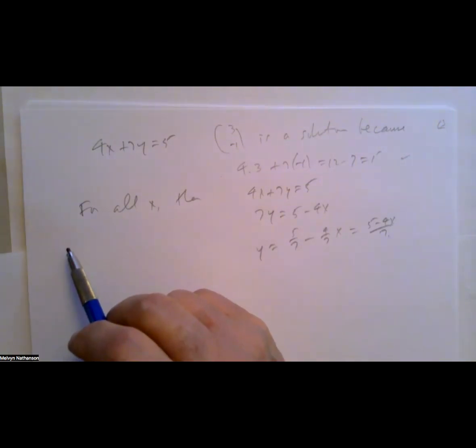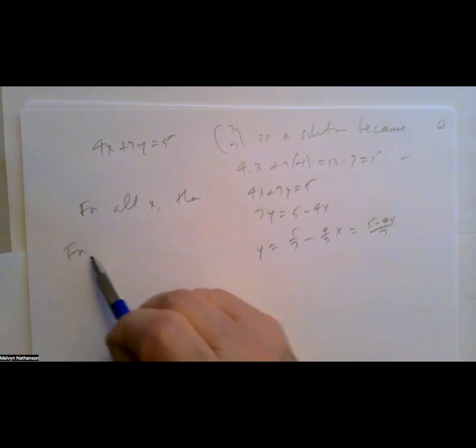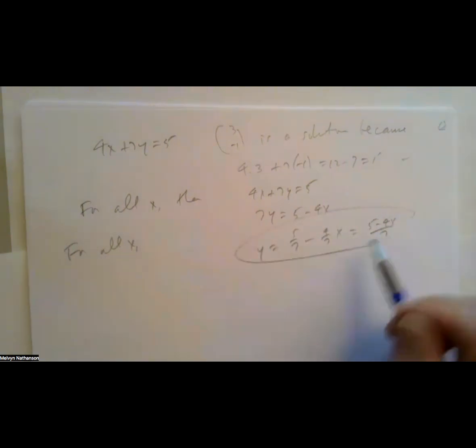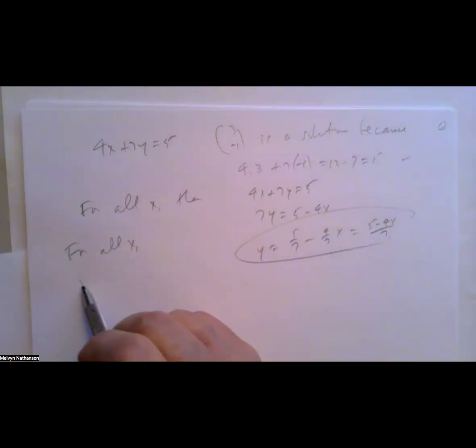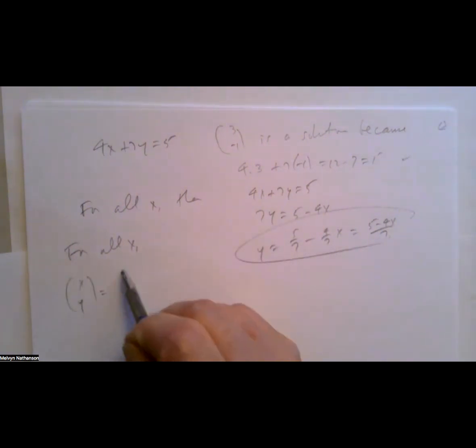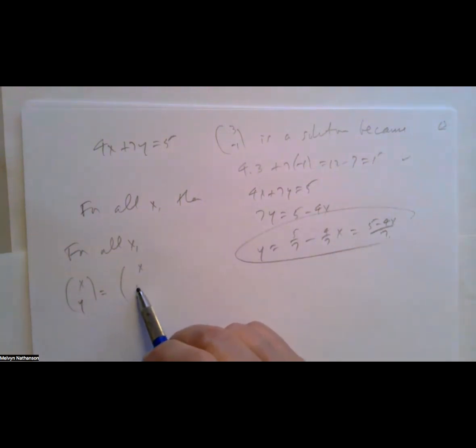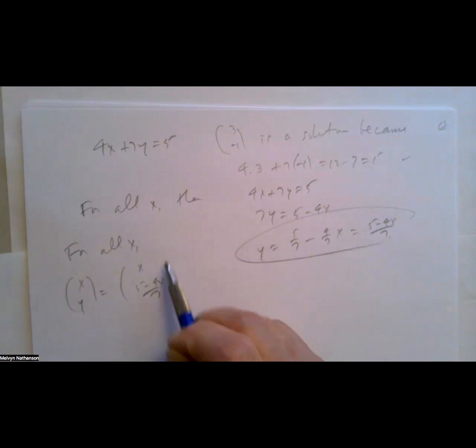So for all x, we get a solution. If we let (x, y) be the vector x, and what is y? y is (5 minus 4x) over 7. This is a solution for all x, and this is the general solution of this equation.